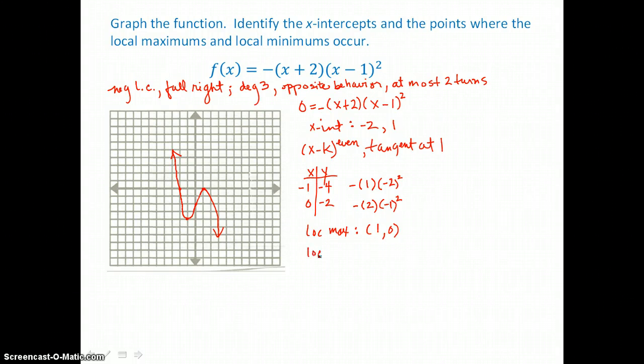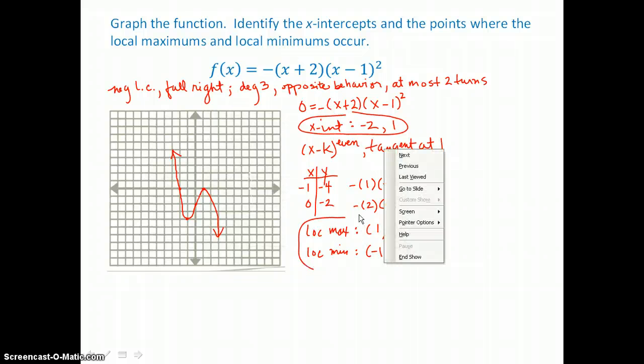And our local minimum for this curve is near (-1, -4), a low point for the curve in that area. So we've listed the x-intercepts for this curve, and we've listed the local maximum and local minimum.